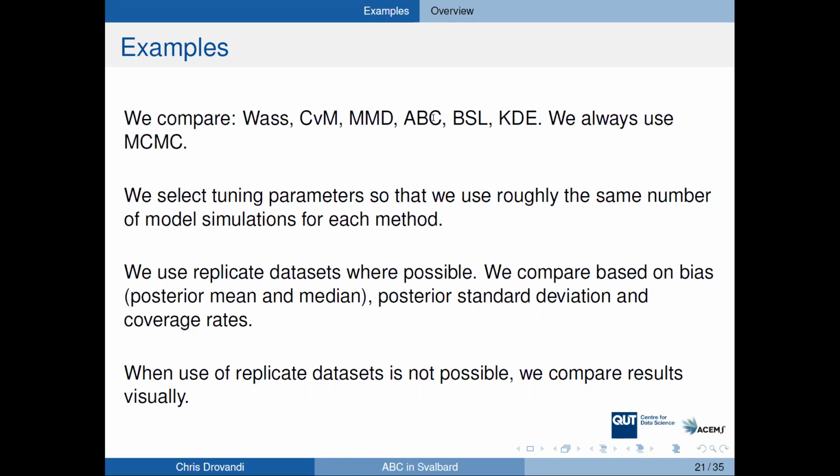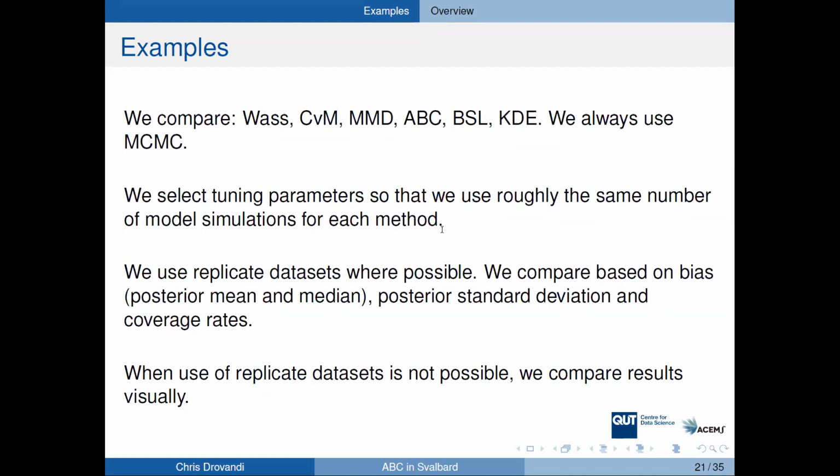So we compared these methods on a few different examples. We've got these three methods here, which were the ABC full distance approaches. We've got the KDE, which was the alternative likelihood-free approach that also uses the full data. And we also have ABC and BSL, which were the summary statistic-based approaches. For these two, we use exactly the same summary statistics.